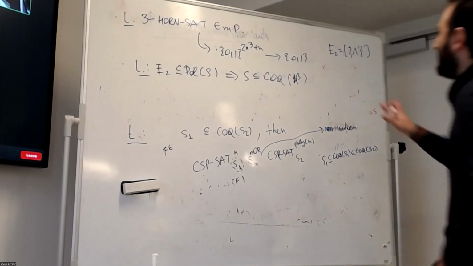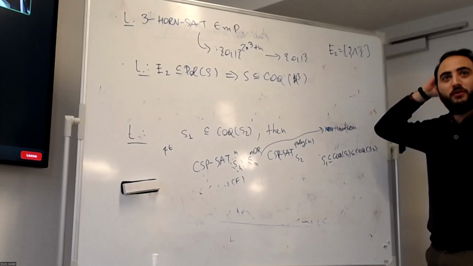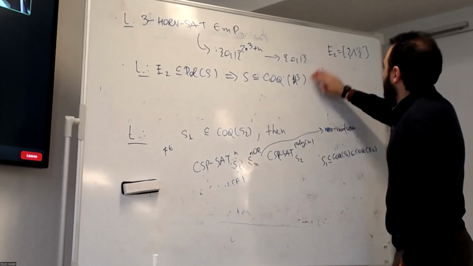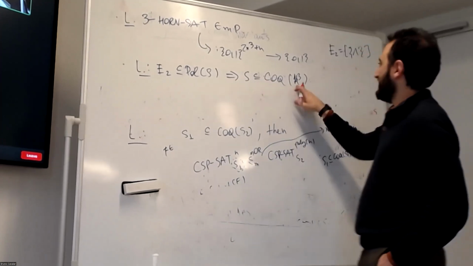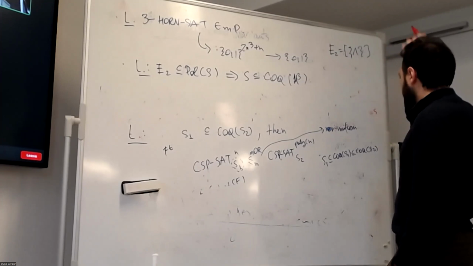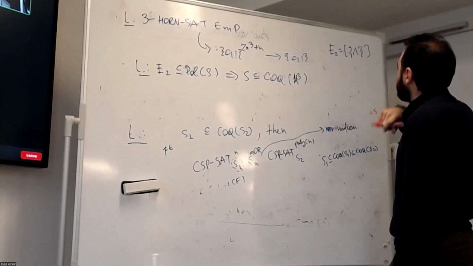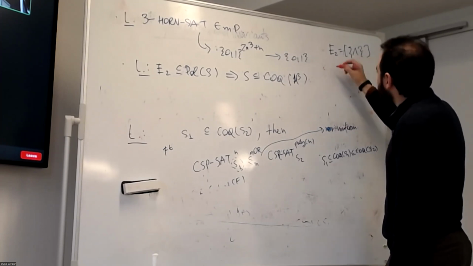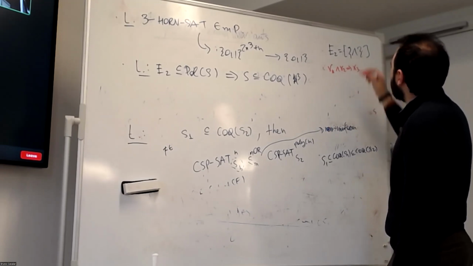I want to provide some intuition for which kind of beast this is as a polymorphism. Well, what is written here is these polymorphisms for Horn, and moreover, anything that satisfies this is basically Horn. So let's say, I'm just trying to unpack the definitions. x1, x2 implies x3.